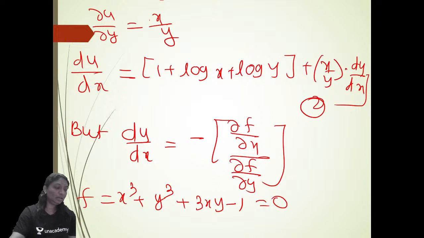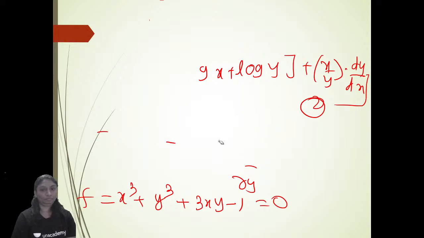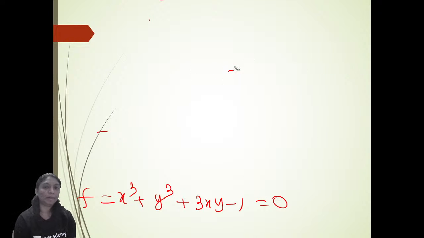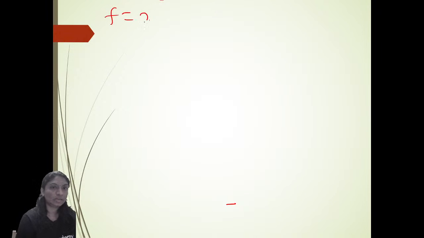So ultimately we will calculate dy/dx. So f is x cube plus y cube plus 3xy minus 1 is equal to 0.